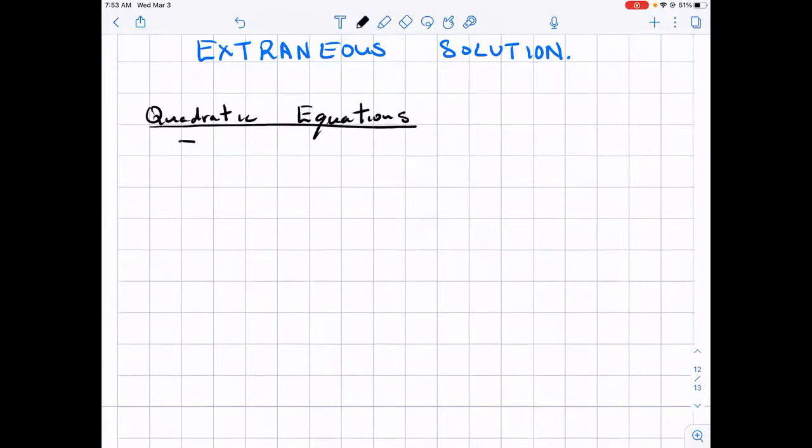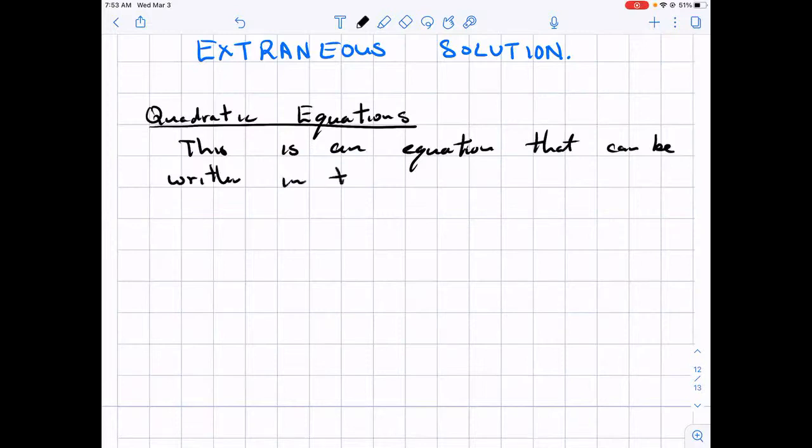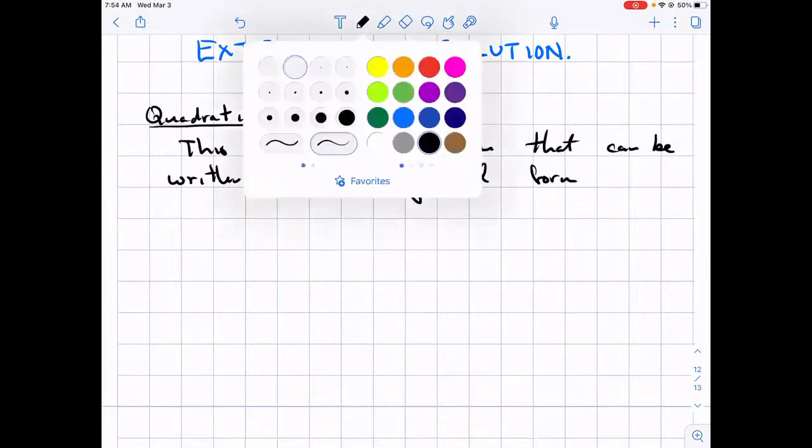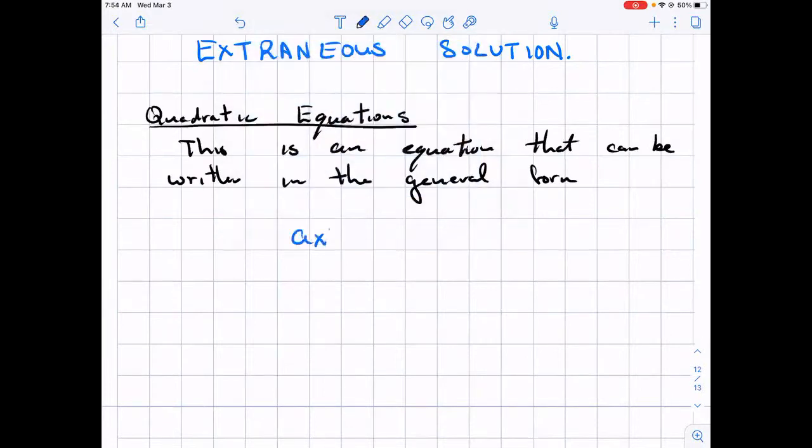Remember, this is an equation that can be written in the general form, which is ax squared plus bx plus c equals 0.